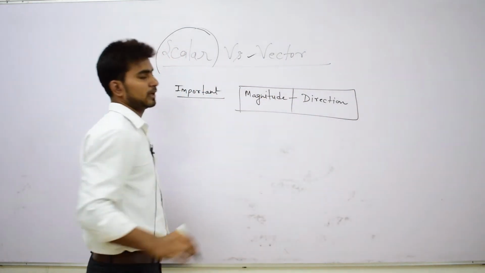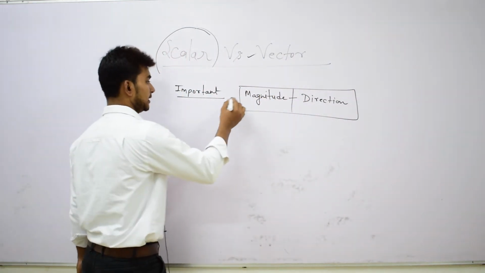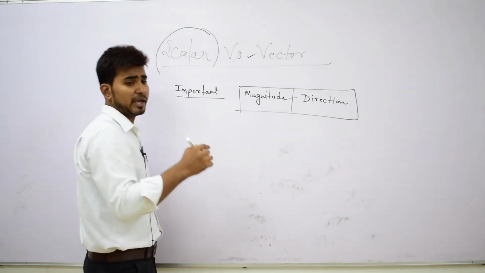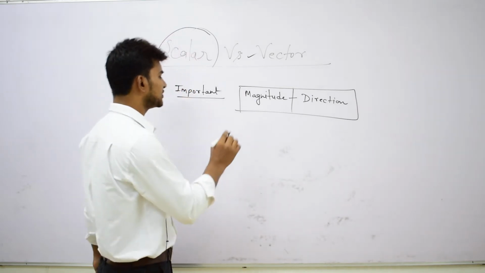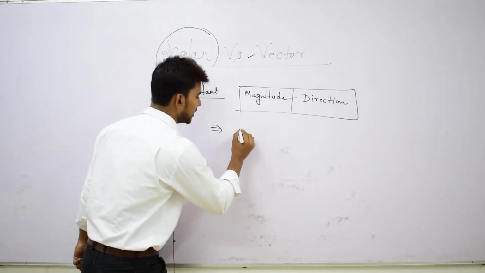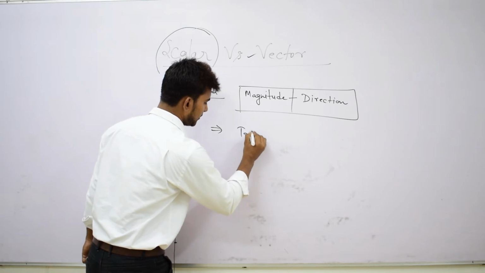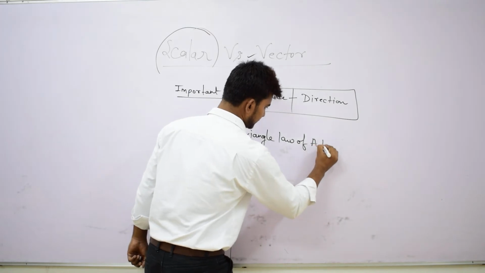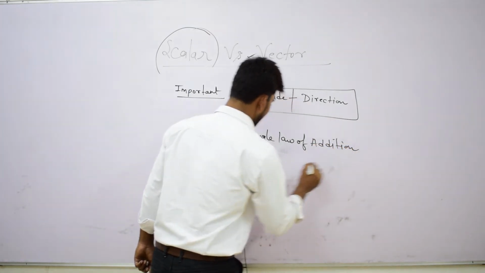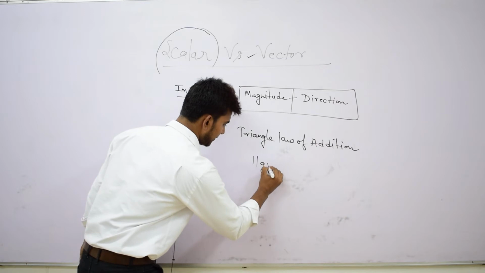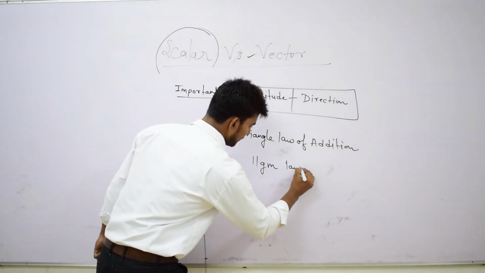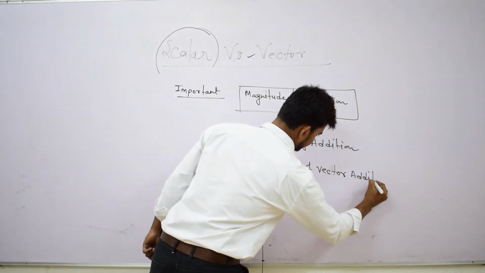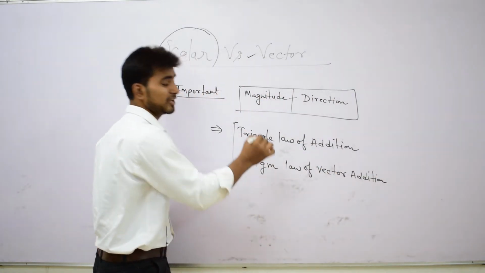And one more important thing: excluding these two points, if the quantity is a vector, that physical quantity must follow the triangle law of addition as well as the parallelogram law of vector addition. This is a very important thing you need to know.